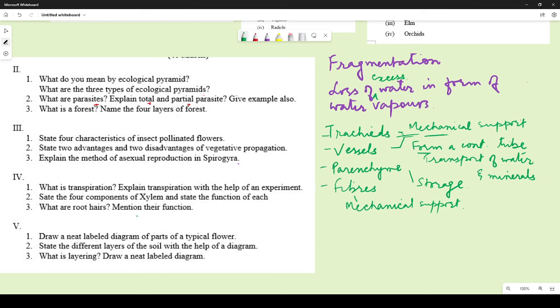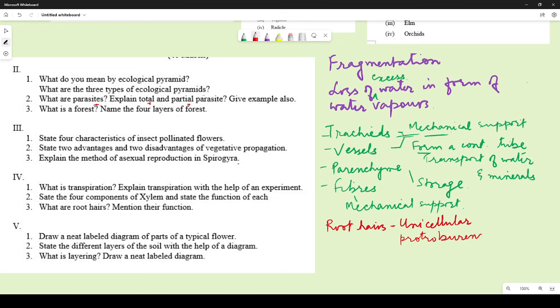Now we come to what are root hairs. Root hairs are extensions of the root cells, what you can call protuberances. They are single celled, they are unicellular. Root hairs are always unicellular protuberances or extensions.